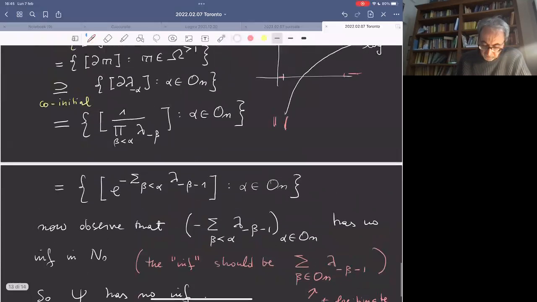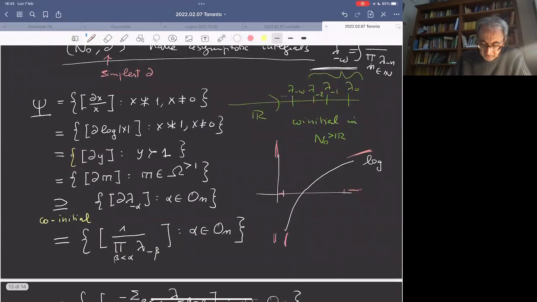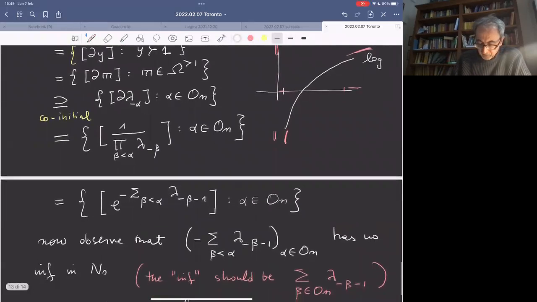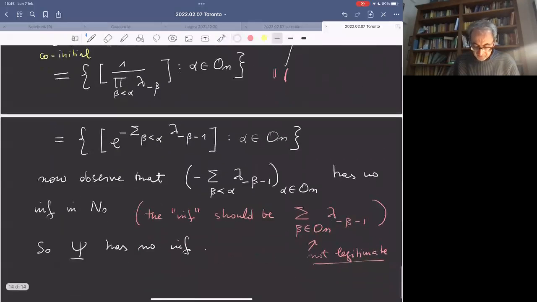Right? So recall that we have psi. This psi has this lambda initial. To compute the inf, we have to just look at the exponents of this exp. These exponents have no inf in the Surreal numbers, so psi itself has no inf.